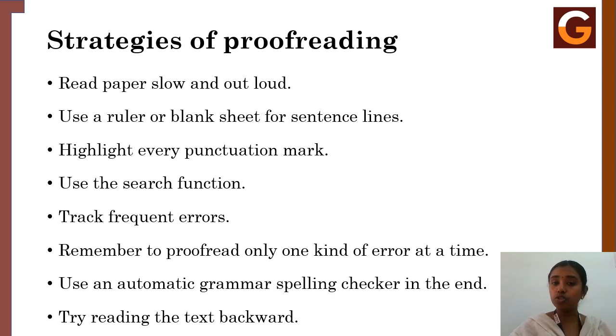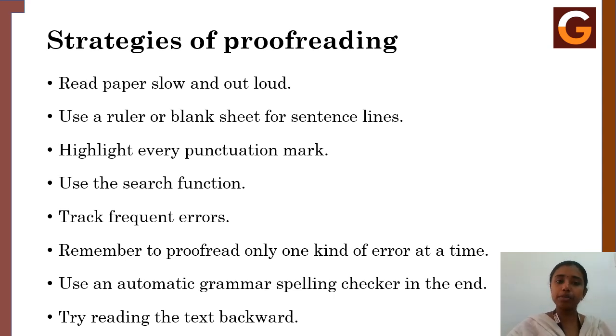This is a most important step which a proofreader should have, because when you're looking into the spelling errors, we have that mindset to assume things, and when we read, we may not notice certain words, certain spelling mistakes. So when you read the same text backwards, the chances of finding the spelling mistakes are more.